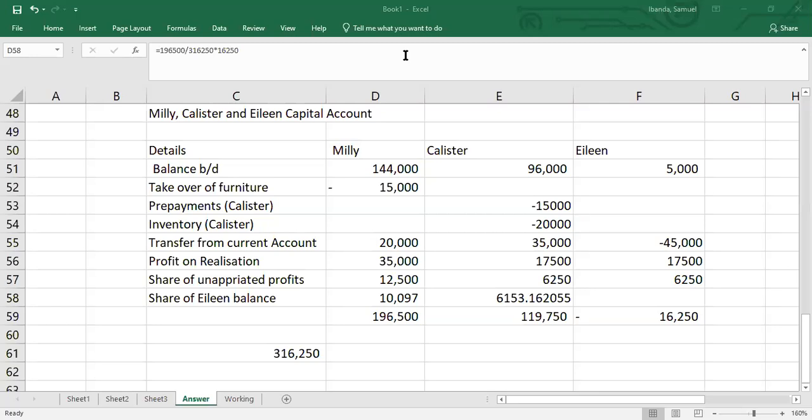If the partner becomes insolvent and is unable to pay back the amount owed by him to the firm, the amount not paid is a loss to the firm, which under Garner v. Murray should be borne by the solvent partners in the ratio of their capitals standing in the balance sheet on the date of what? On the date of dissolution. Okay? On the date of dissolution.